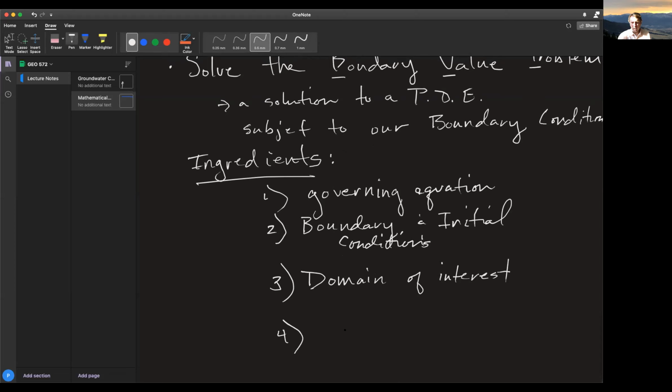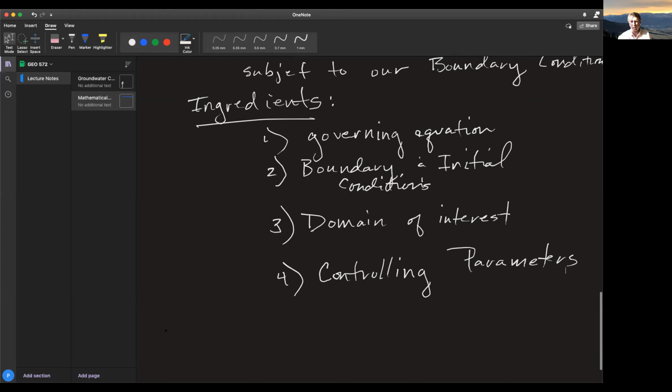We need controlling parameters. So if I go back to our initial thing we're trying to model, that's cooling of this oceanic crust.